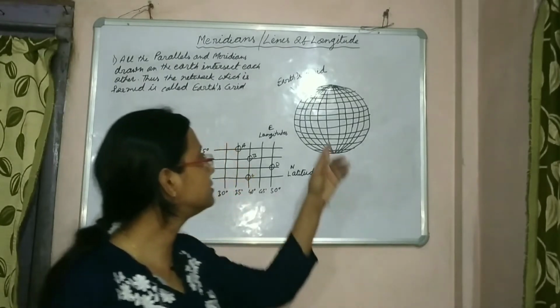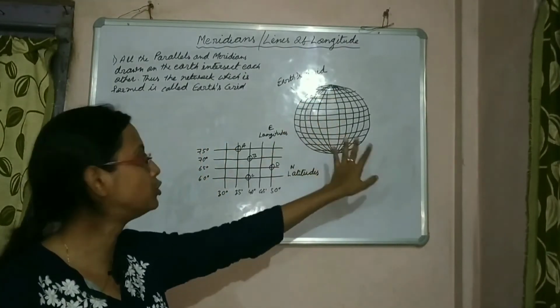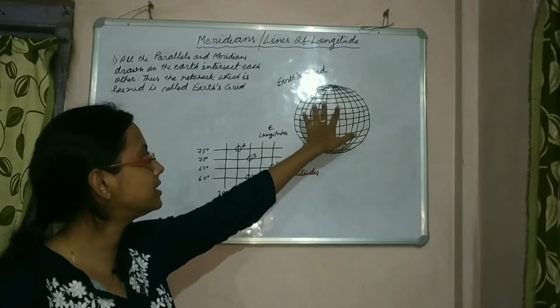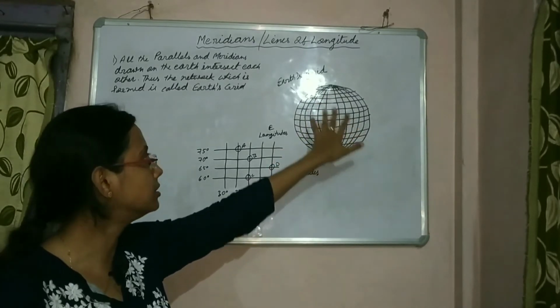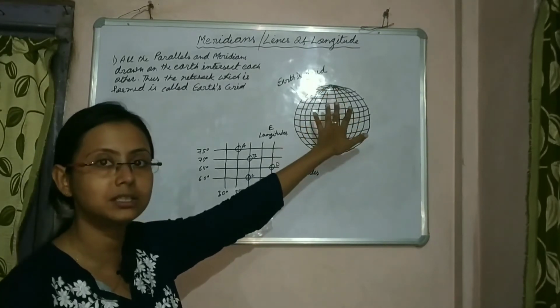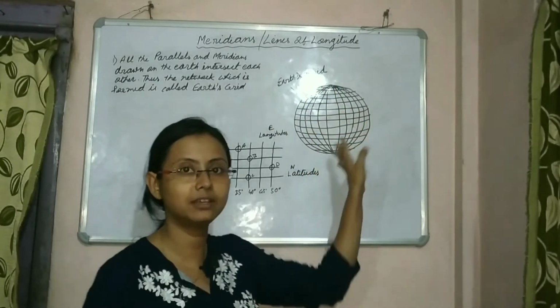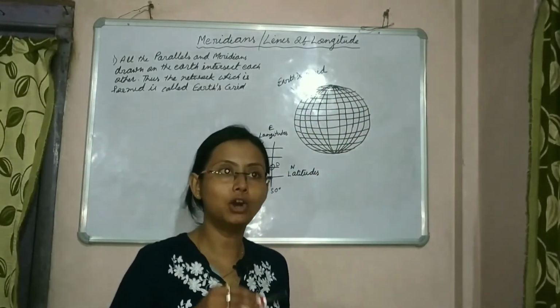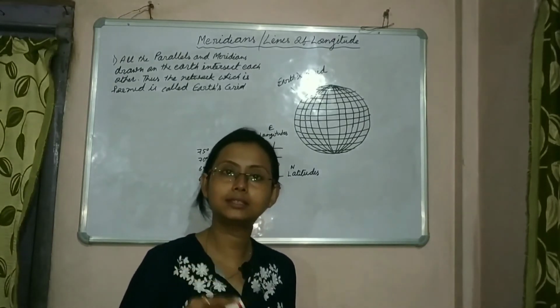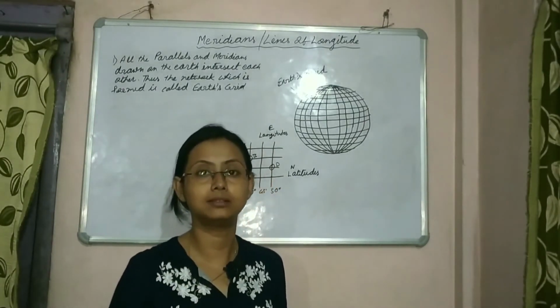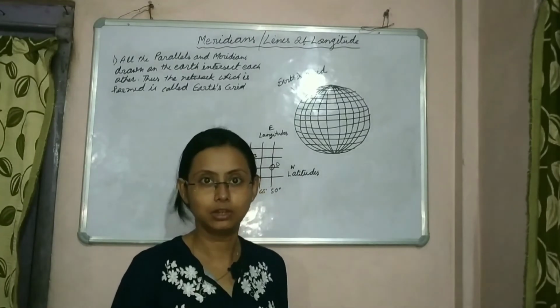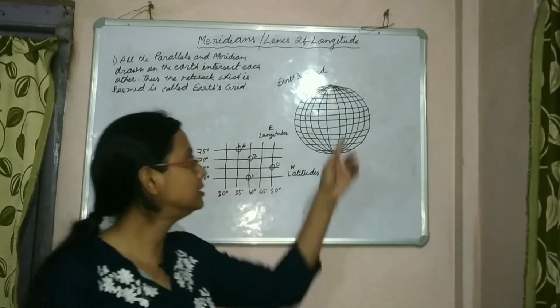So here you can see one globe I have drawn where the parallels and meridians have been drawn. How much I can cover within this space I have drawn, but on the globe, all the 360 meridians and 181 parallels intersect each other, or cut each other in this way.